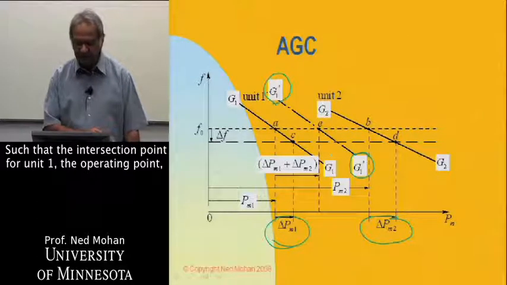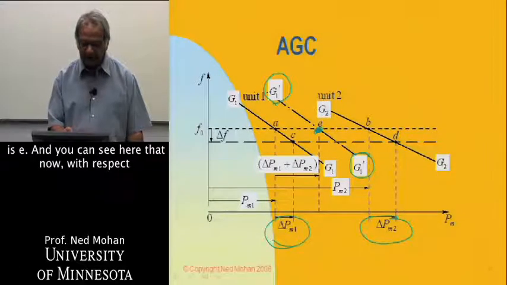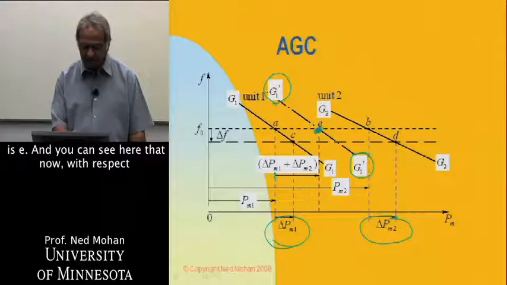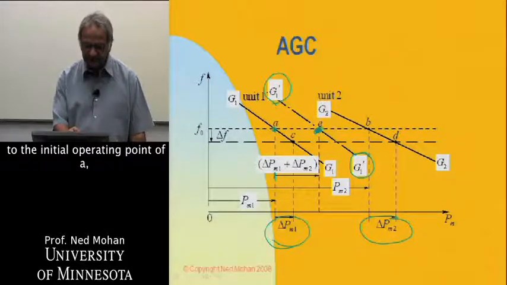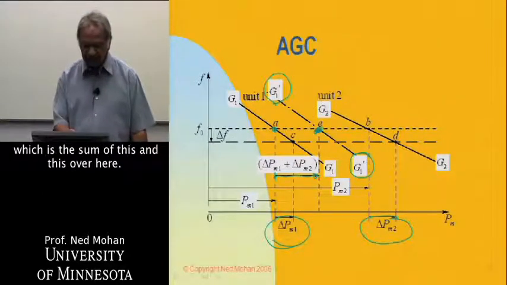such that the intersection point for unit 1, the operating point, is E. You can see that, with respect to the initial operating point A, the change in output is equal to the load change, which is the sum of this and this over here.